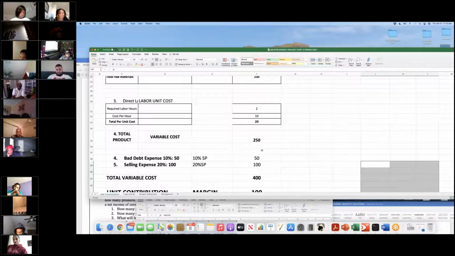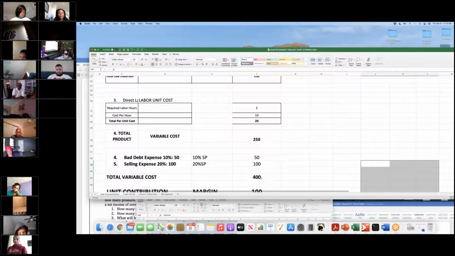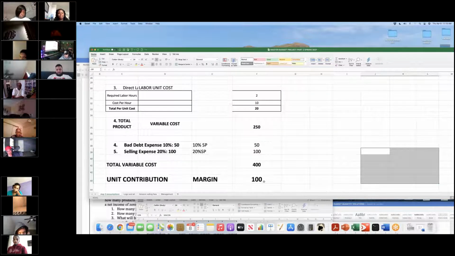And so the total variable cost, the product cost, materials and labor, the bad debt and the selling expense comes out to 400, with the selling price being 500. You get a unit contribution of 100. So this is how your project in part 2 should be looking.